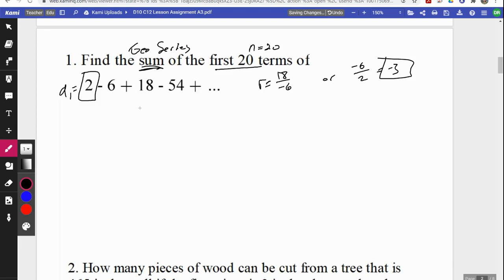So geometric series formula. S sub 20 is a sub 1, parentheses 1 minus -3 to the 20th over 1 minus -3. And I would suggest putting this into a calculator and using parentheses around the -3.